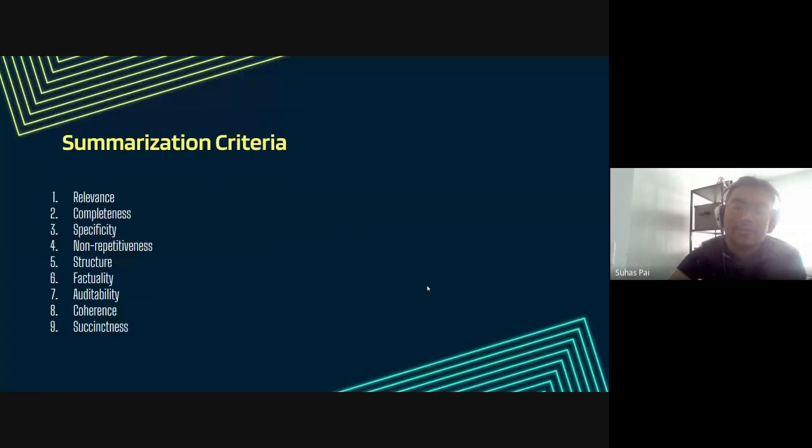We'll talk about the criteria, let's say we are doing this using GPT-4 few shot. Few shot means you have a context window of 16K if you are using GPT 3.5 Turbo 16K, or a context window of 8K if you are using GPT-4.